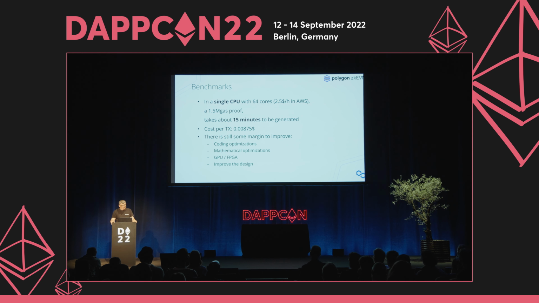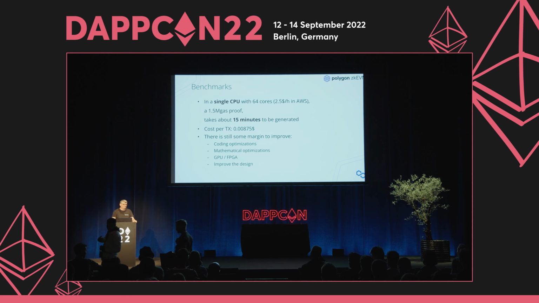Here, I want to talk also a little bit about benchmarks. There is a little bit of modification here from when I explained these numbers in Paris. The current proof that we are working on, and this is a work in progress, takes about 15 minutes on a quite big 64-core GPU. But the good thing is that it can process, let's say, 1.5 megabytes.